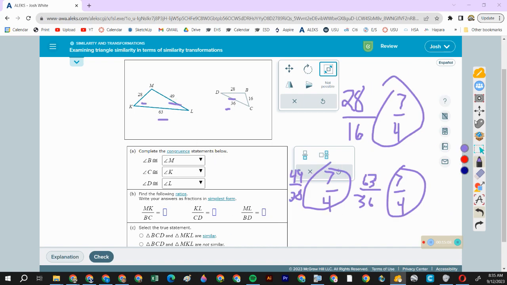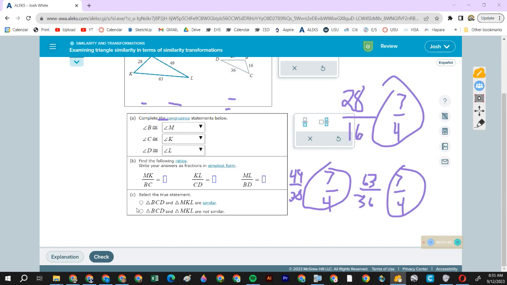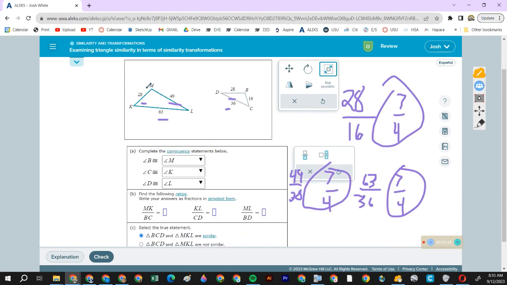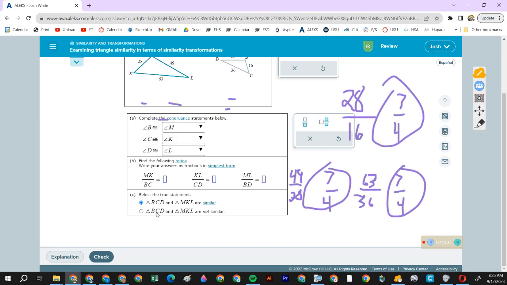So now it asks, are the triangles similar? Yes, they are. How do I know they're similar? Well, this one fit, and all of these are equal. So if you can't get it to fit, or if one of these does not equal the other two, then you would click not similar.